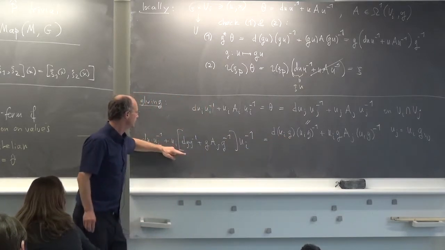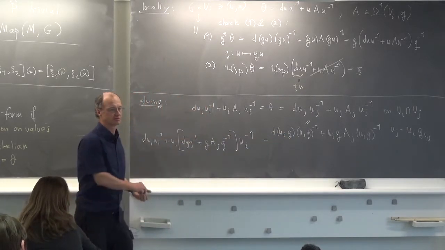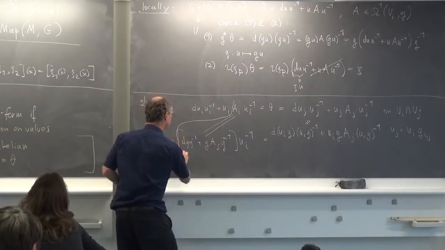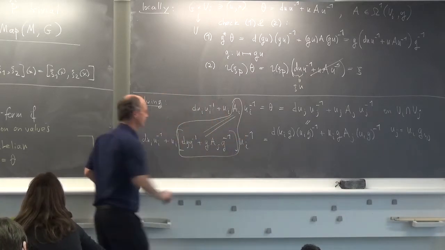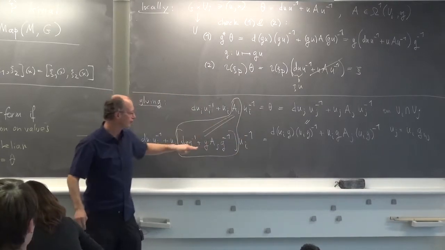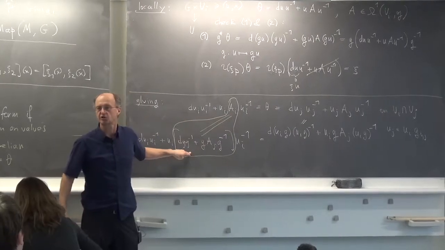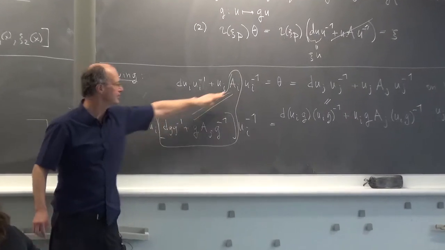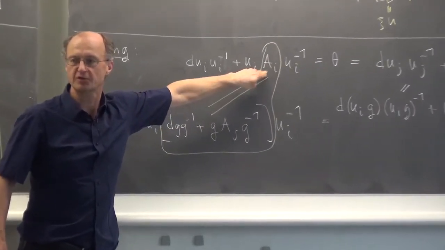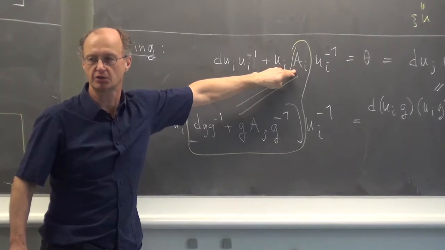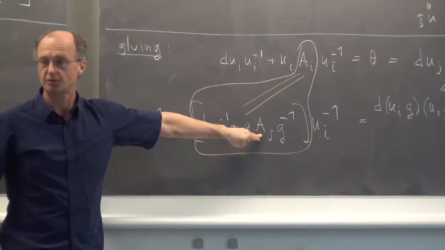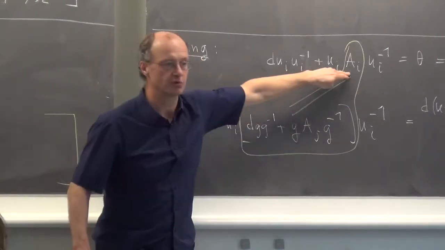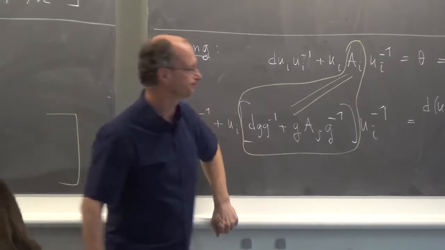Now, this is equal to that. So this is an equation which tells you how to go from one chart to the other chart. So this is A_i, representing your connection in the chart U_i. This is A_j, representing your connection in the chart U_j, and that's the formula relating them.